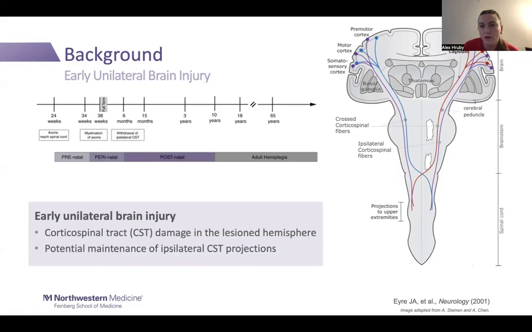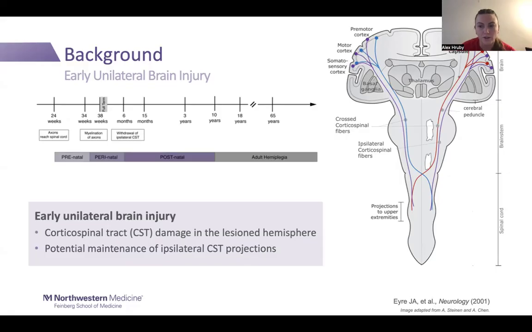So in typical development, everyone, as they're in utero, they have both contralateral and ipsilateral motor pathways. So in the image on the right, you can see the ipsilateral ones in purple, contralateral in blue and red. So what happens after you're born, the blue and the red are strengthened, and that's how we have the opposite side of the brain controlling the opposite side of our body.